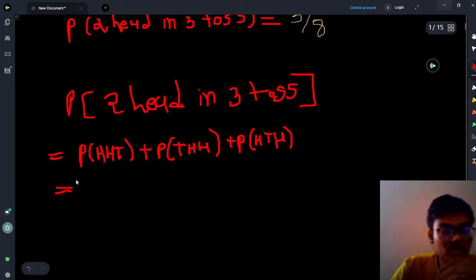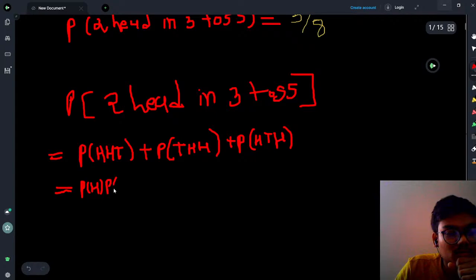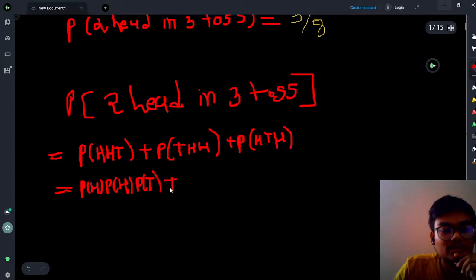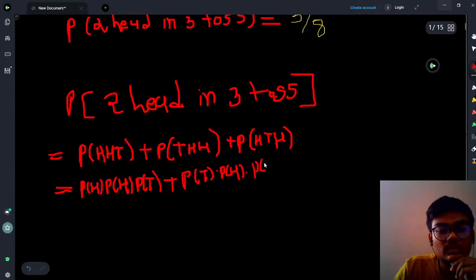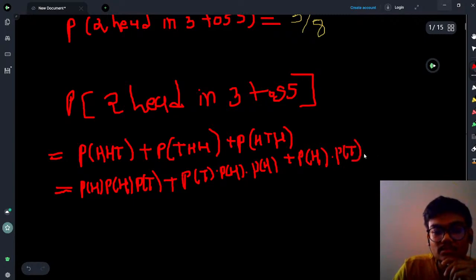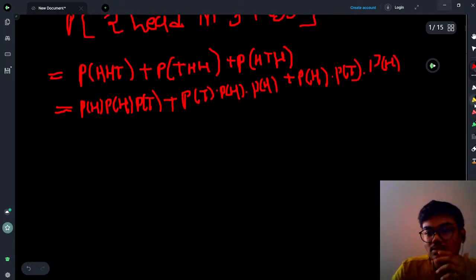So if we have independent events, then we can further write it like this: P of H into P of H into P of T, plus P of T into P of H into P of H, plus P of H into P of T into P of H.